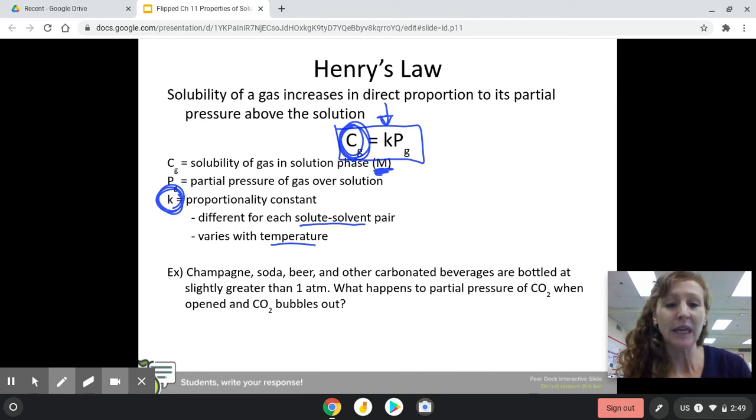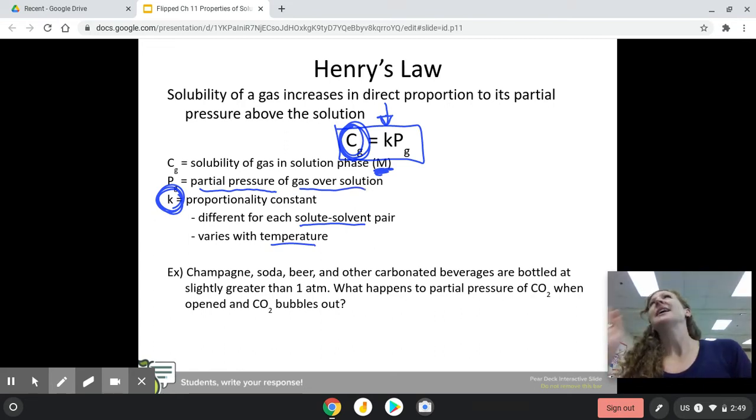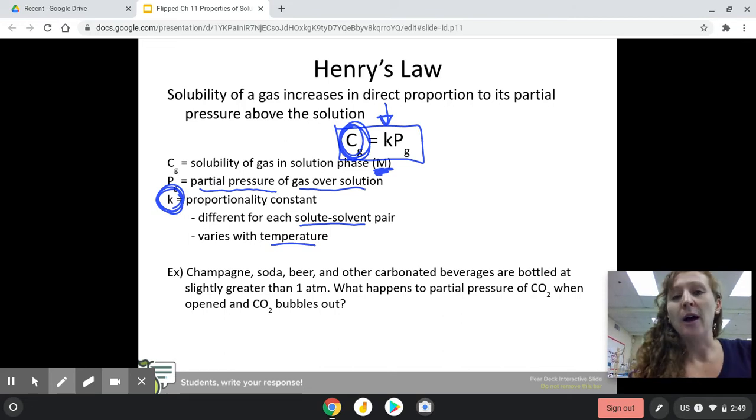And then we have P. So what P is, it's a partial pressure of gas over a solution. So again, when we talk about gases, we're going to deal with partial pressure in depth. But what this is basically is a percent composition for a gas.